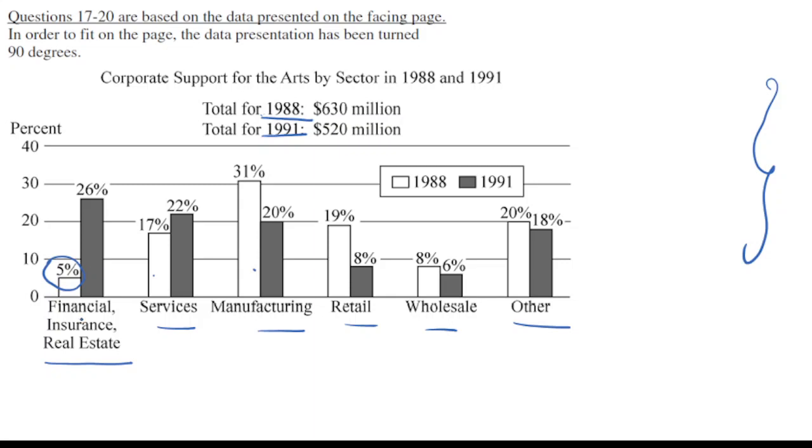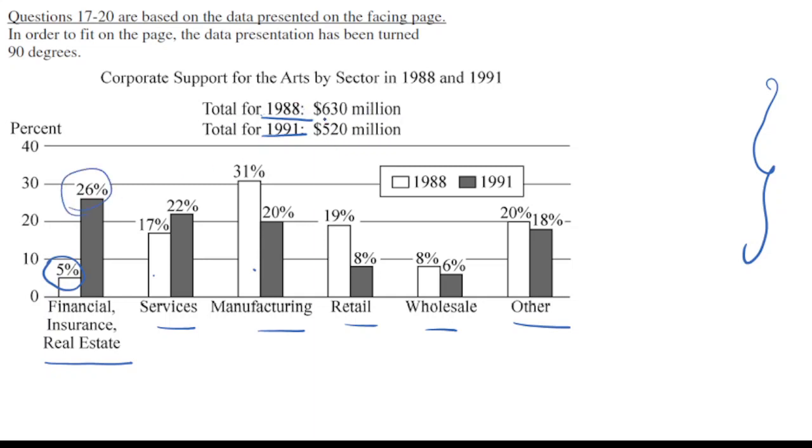For example, financial services contributed 5% towards the total contribution for arts in 1988, and it contributed 26% towards the total contribution of arts in the year 1991.